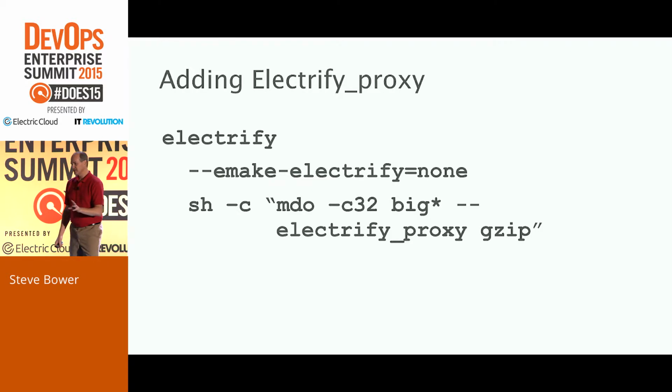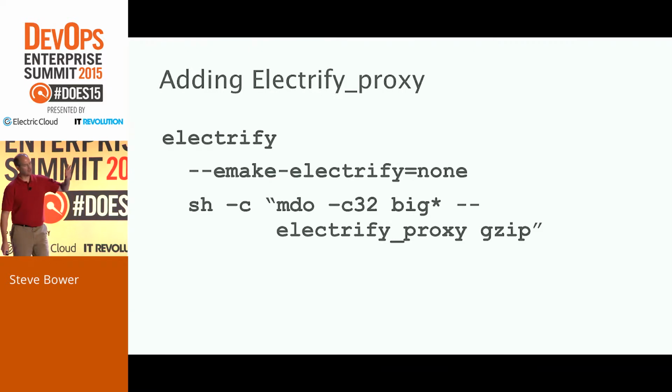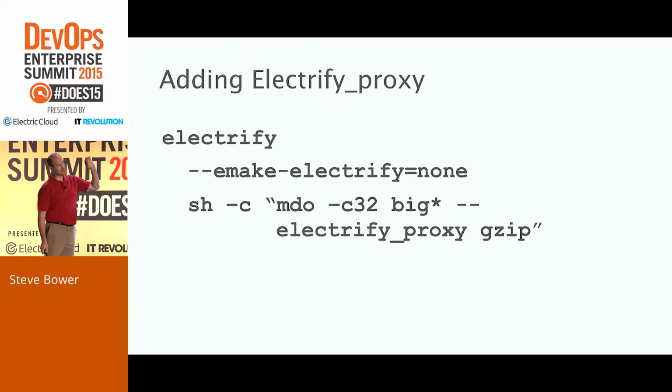Electrify has this underlying capability, Electrify proxy, and the previous example used what they call automatic process interception. We have a fair amount of old tools.